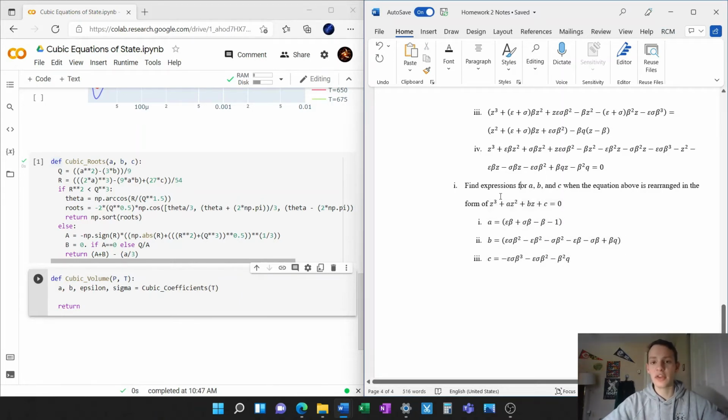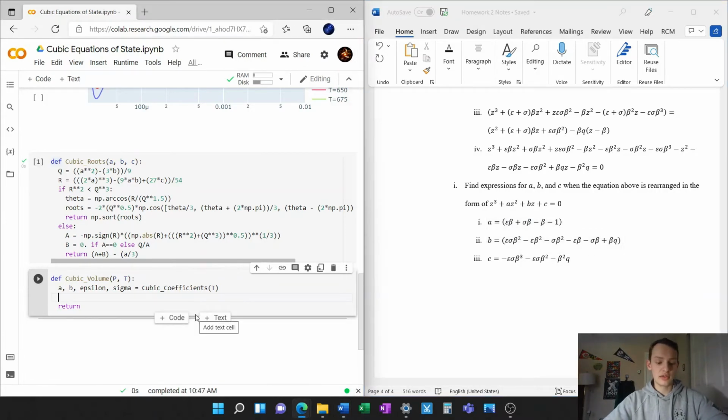And remember, there was nothing in front of the z cubed. And then all I did was consolidate all the non-z terms in front of each, whether it was the z squared or z or just constant values here. So that is why we're going to need beta and Q. But specifically, what we're going to end up finding is z.